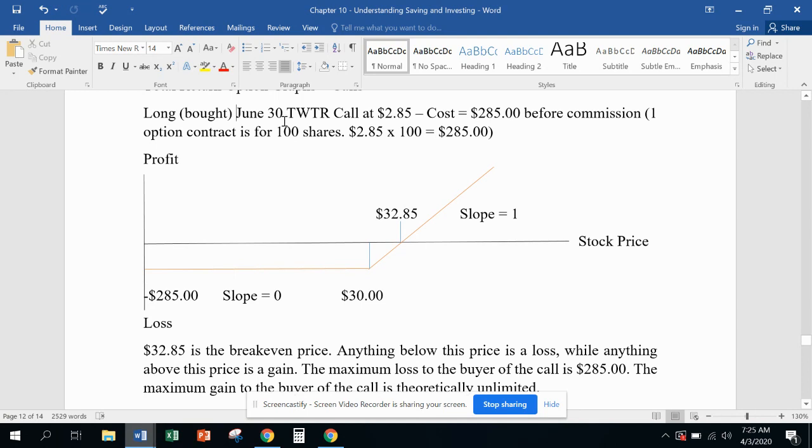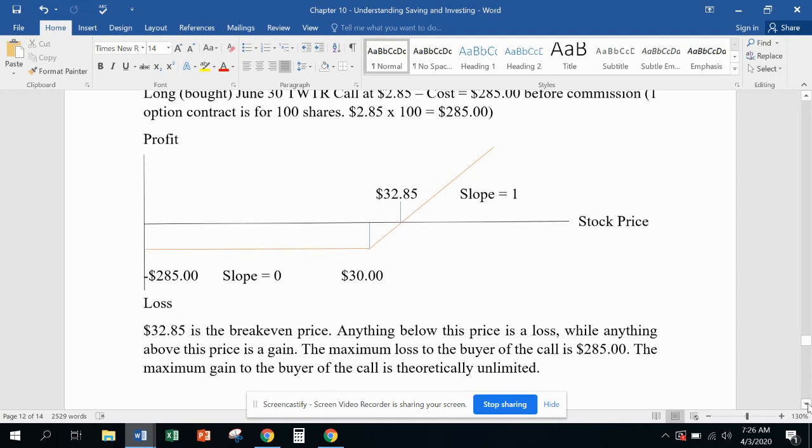I could buy it at 30 and quickly sell it at 32 and make $100 per share. Okay, but I'm going to make a profit of $200. It costs me $285 to do that, so I would have a loss of $85. Okay, but once we get above the break-even price, we're going to start to make money on this deal.